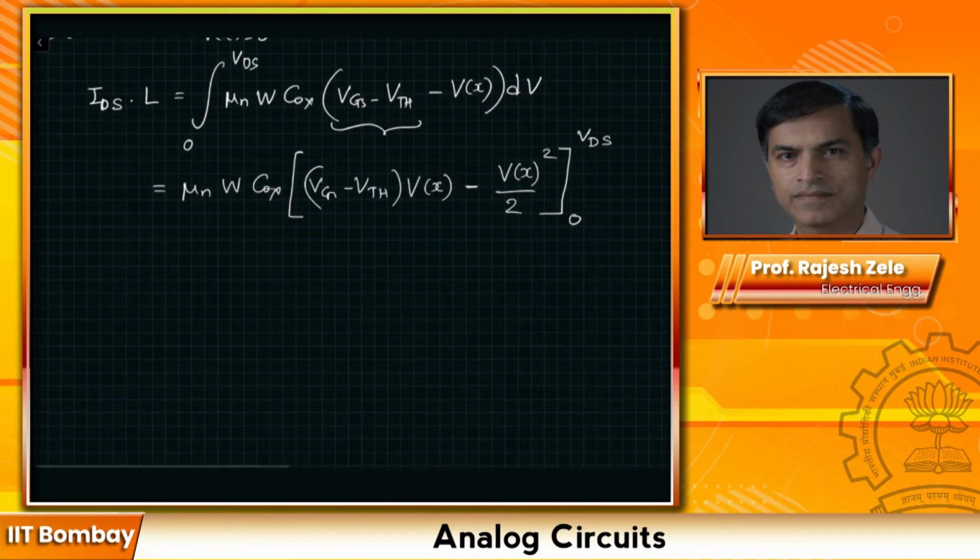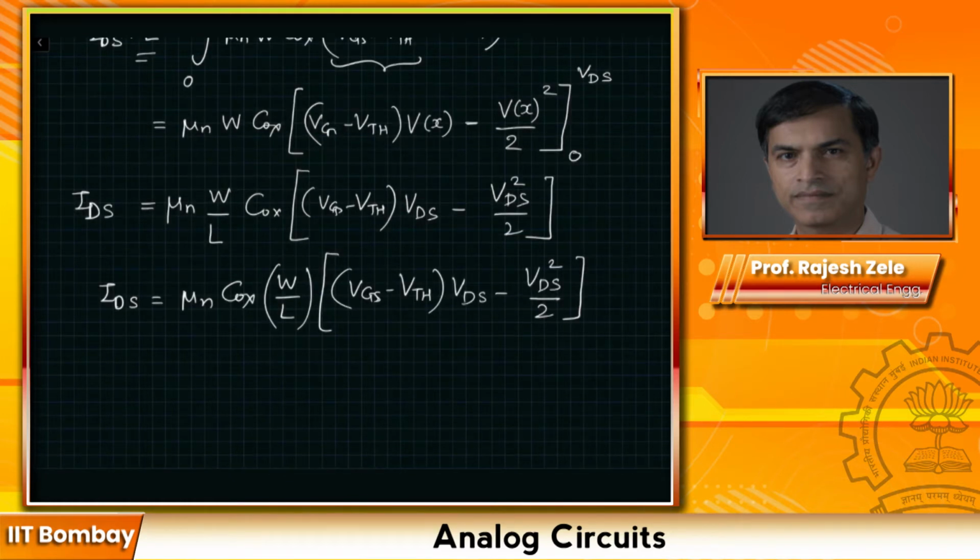So if we substitute in the integral, what we will get is IDS is equal to, I'm going to move this L to the right side, so this will become mu n, which is mobility of the electrons, times Cox W by L.